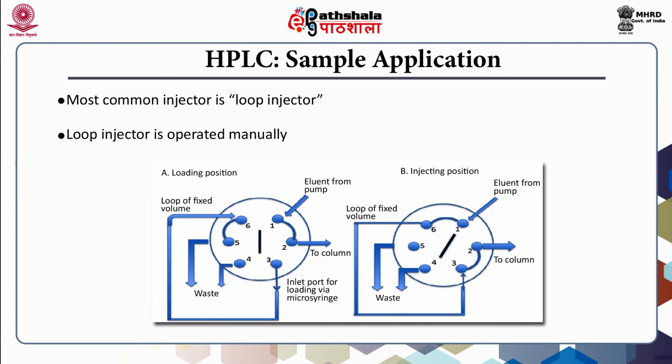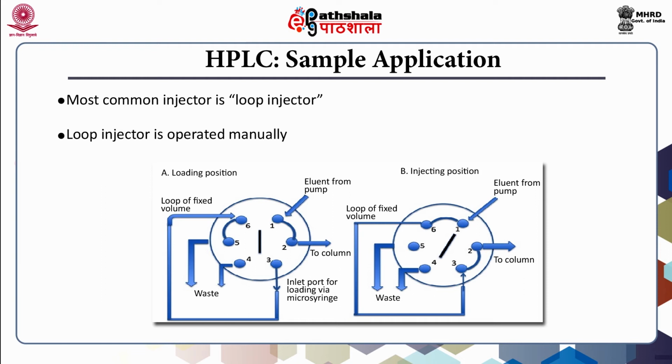In the injecting position we have to turn the knob, which is at the center, to the right hand side. By turning this knob, you can see here that a connection is established between port 1 and port 6, and another connection is established between port 2 and port 3. So, the mobile phase comes from port 1, enters port 6, passes through the loop continuously and reaches port 3, and through the established connection to port 2, the mobile phase passes on to the column.